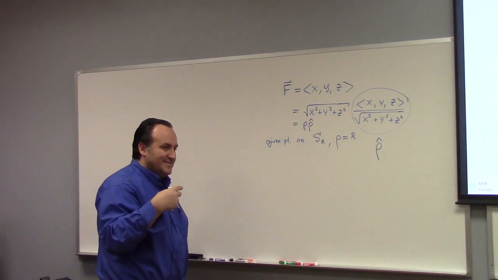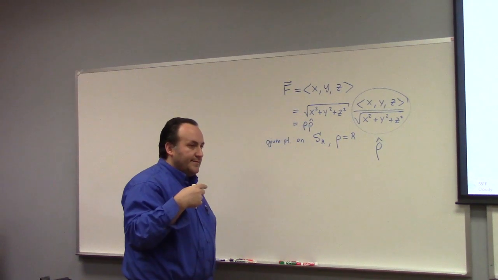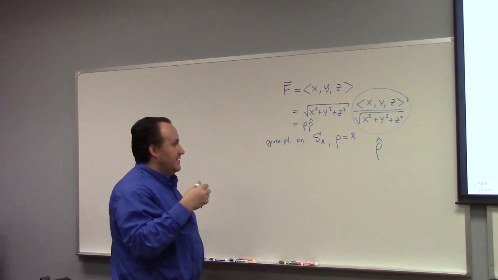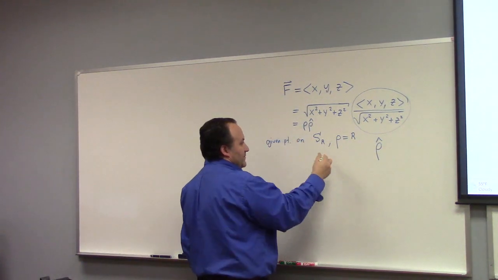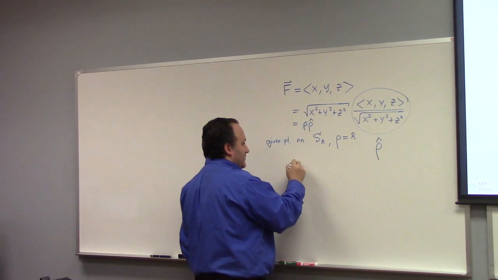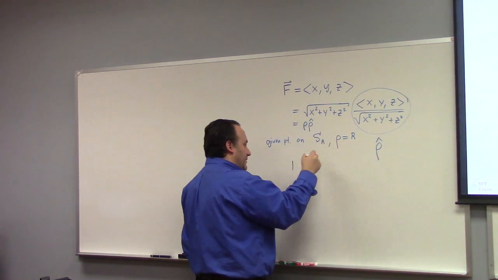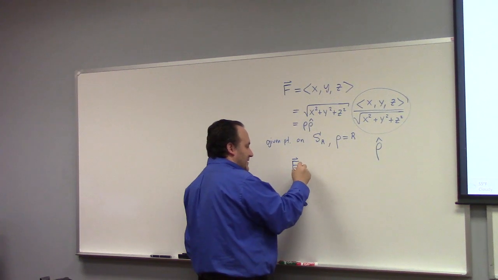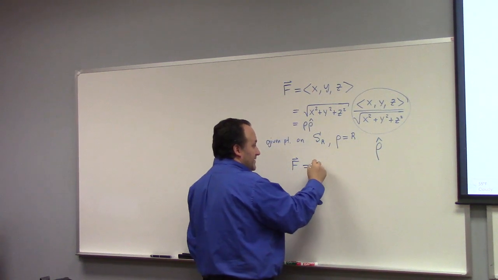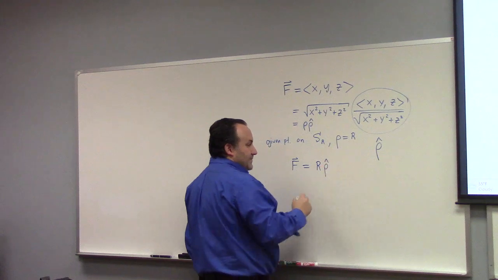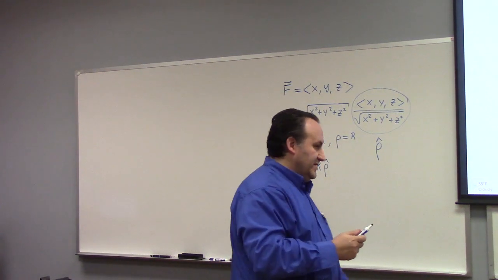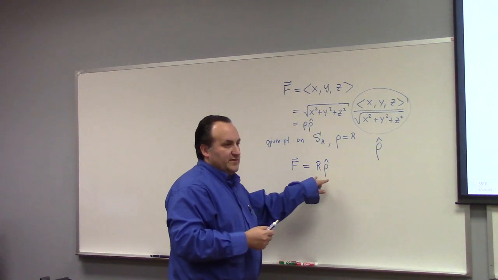And when we did it in class, the surface area was 4 pi r squared. But this is the flux, but this is not the surface area. Oh. So, in short, when I put rho equal to r, the force actually evaluated on the sphere is r rho hat. So, Emily, the force on the sphere is r rho hat.